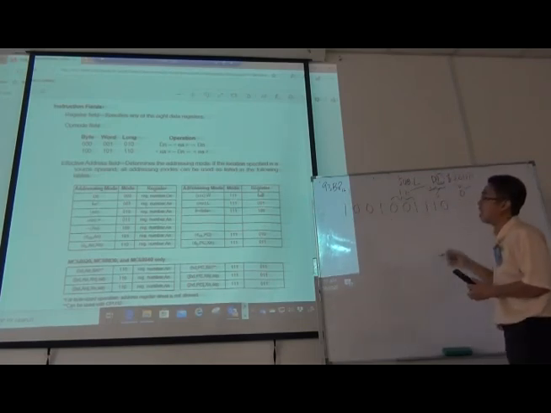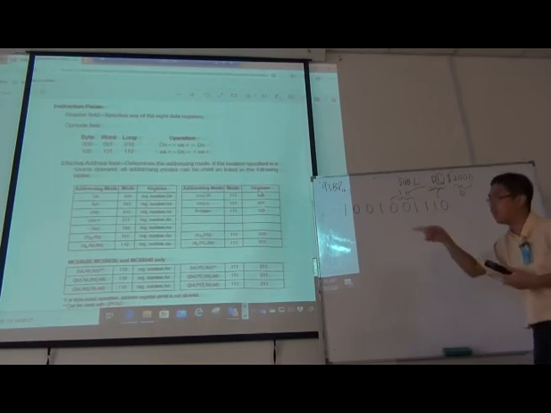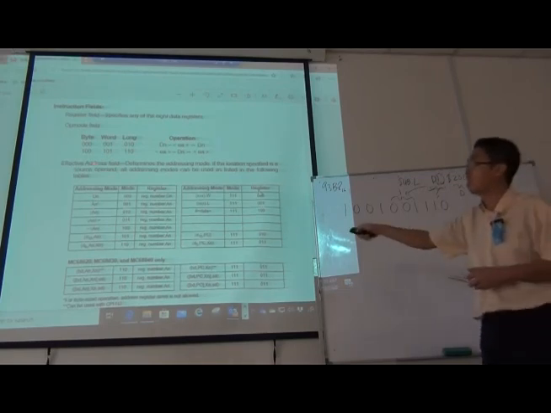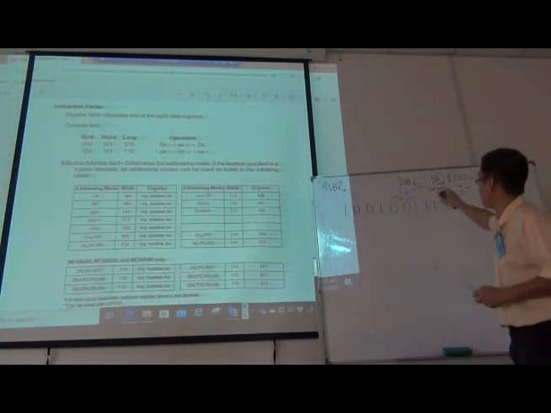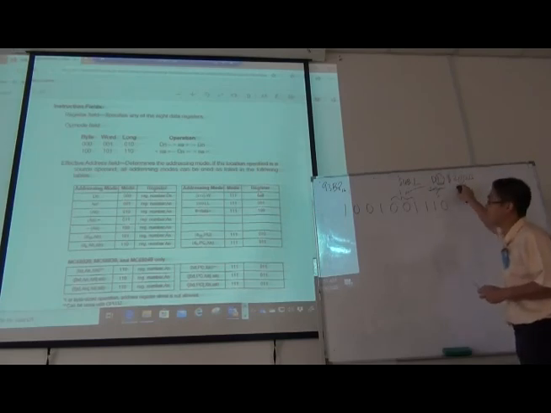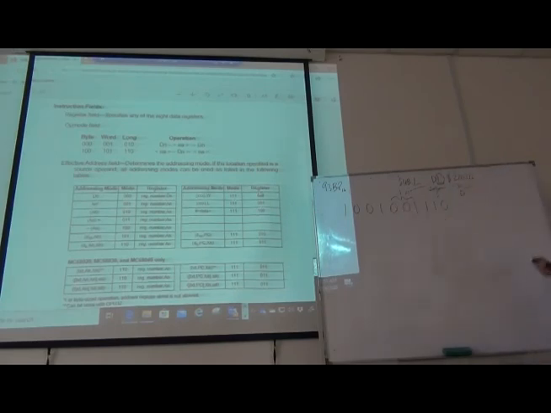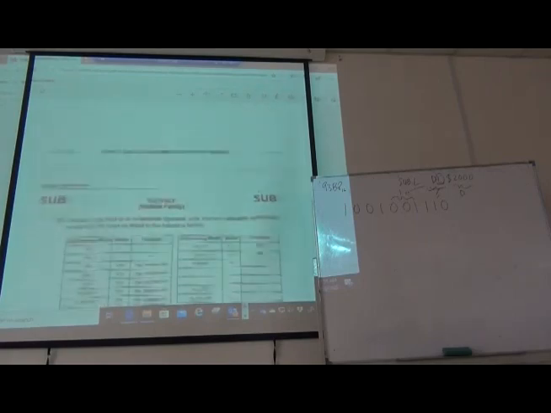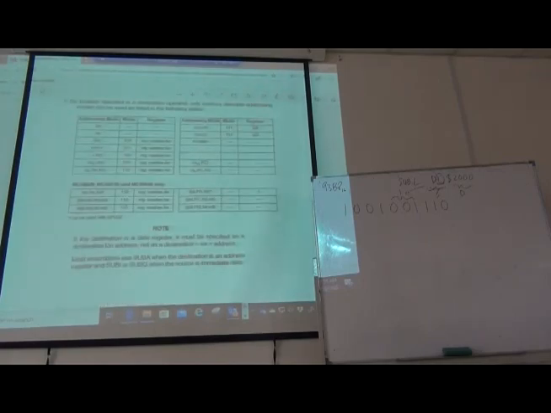So the last 6 bits are according to this table. So the effective address, is it the source operand or destination? This is a destination operand. So for the effective address, not using this one, you have to use the other table over here. You have to find out the mode and the register.